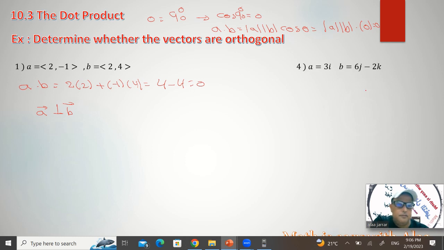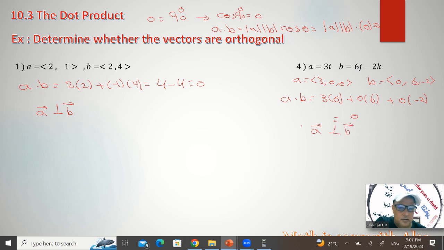Same here. A is 3, 0 and 0. B is 0, 6 and negative 2. So A dot B equals 3 times 0 plus 0 times 6 plus 0 times negative 2. So it will be 0. So the vector A and vector B are orthogonal.